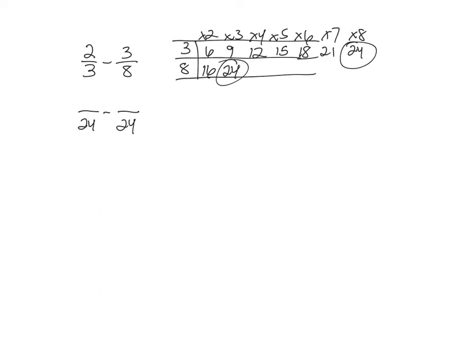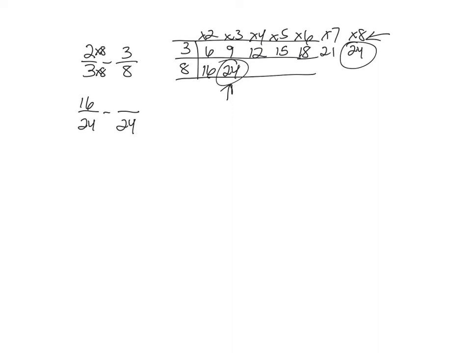So how do I get from 3 to 24? I just did it. I did times 8 over there. So I'm going to do times 8 and times 8. So 2 times 8 is 16, and 3 times 8 is 24. I already figured that out on the other one. So how do I get the 8 to be a 24? Again, I just did it.